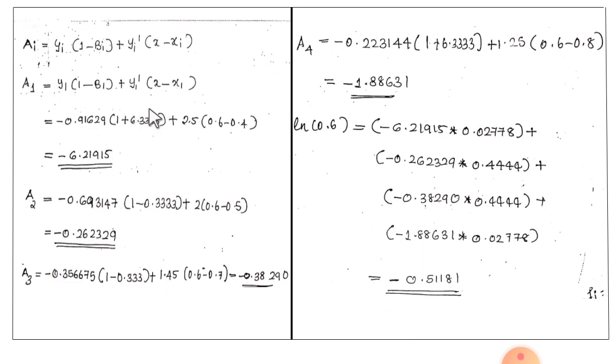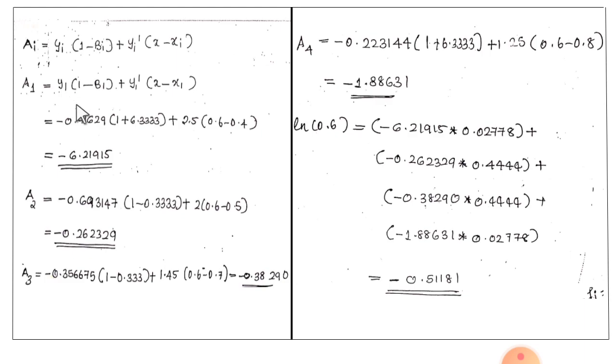Now after finding that, you can find the value for a1, a2, a3 and a4. So you have found the values for yi, bi, yi dash and also xi. So substitute the values and find it.